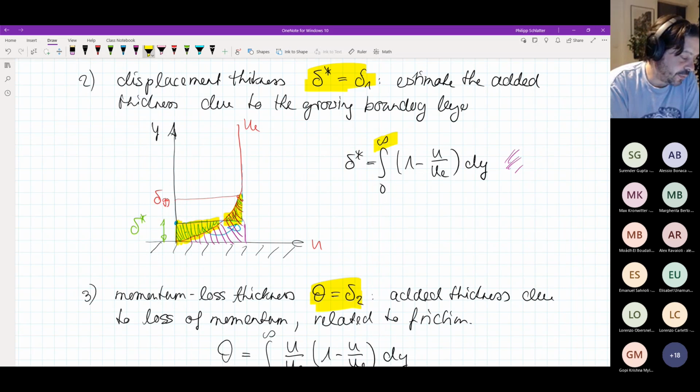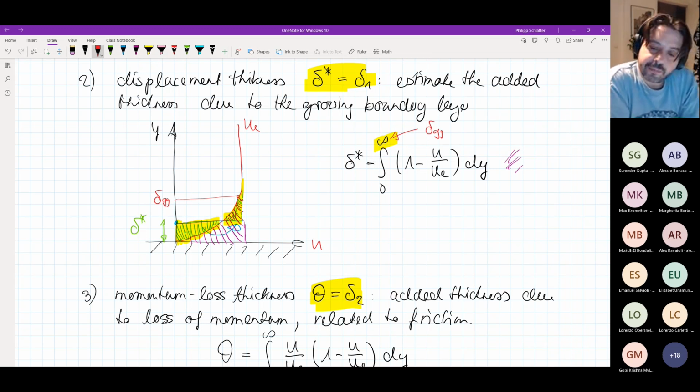Now, as you can see here, we're integrating the difference 1 minus U divided by UE. So we're integrating this very thin difference here. As soon as you're above delta 99, this difference becomes very small. So that means that in practice, we can exchange this infinity by something like delta 99, maybe 2 delta 99 if you want, and you will get very, very accurate results.